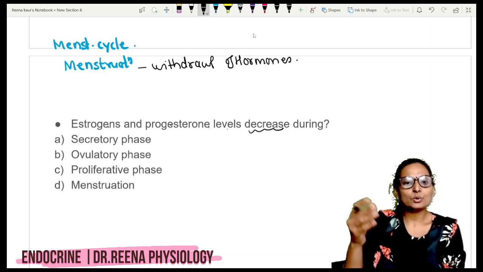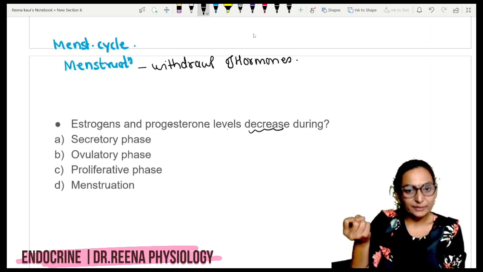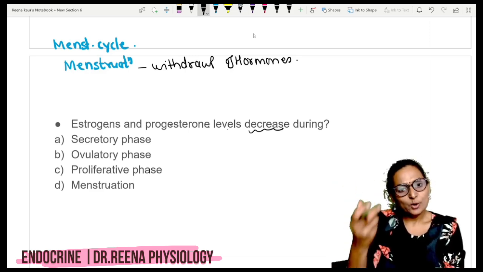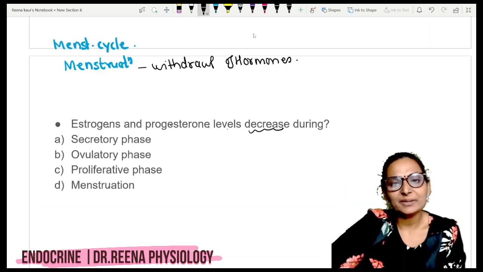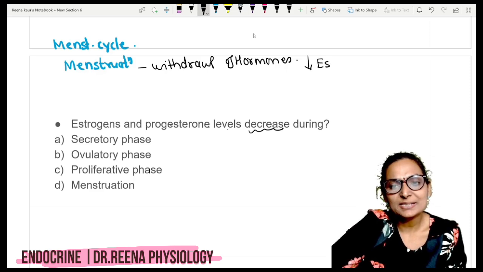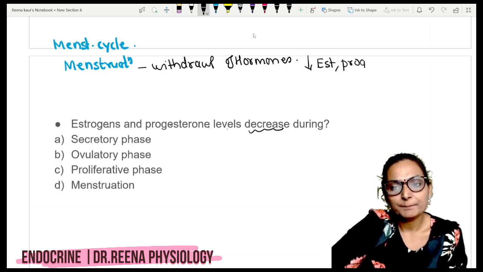That means there is no pregnancy, the corpus luteum has now regressed, right? What will happen immediately? There's going to be a decrease in the level of estrogens and progesterones.